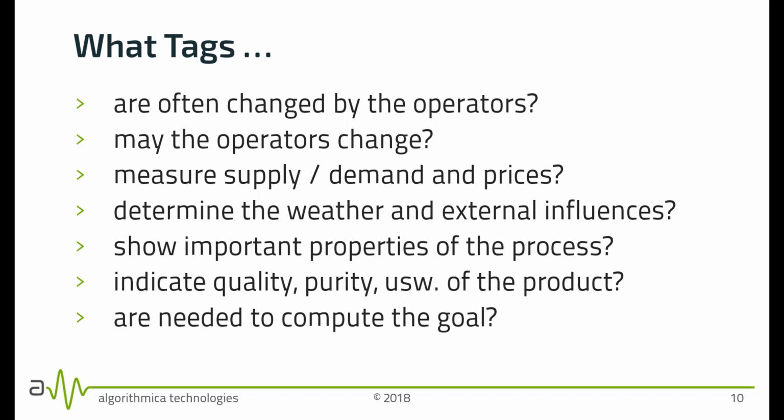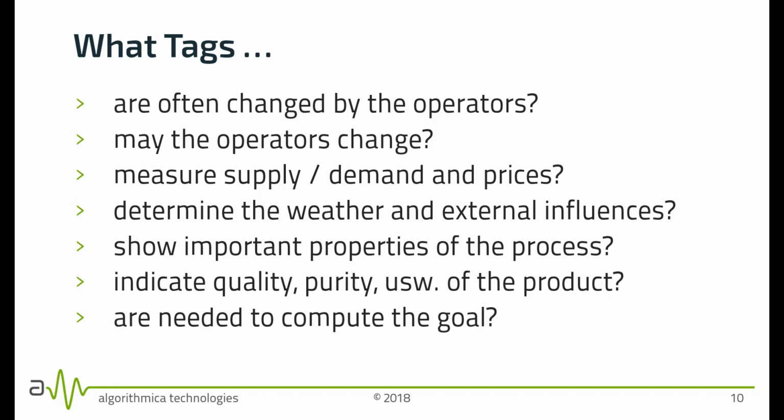In order to help you in this process, here are some of the questions you can ask yourself to include these tags in your list. What are the tags that are often changed by the operators? These are the set points of your process over which the operators have actual influence that are usually included in the interface of your control system.